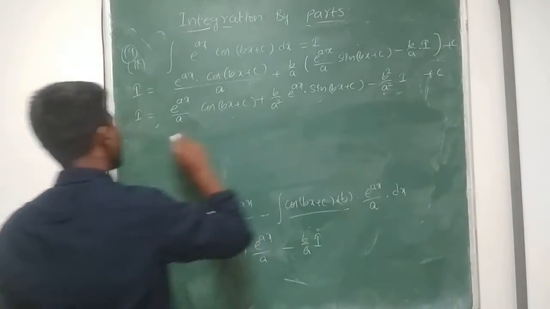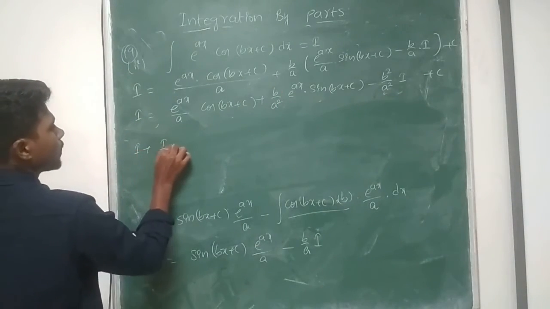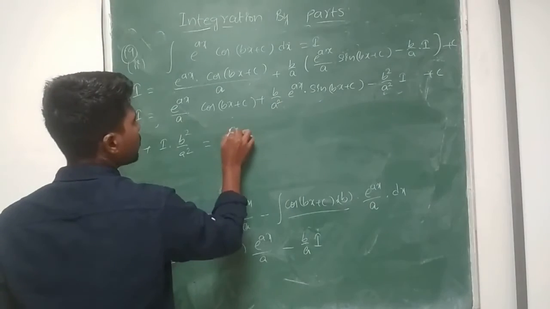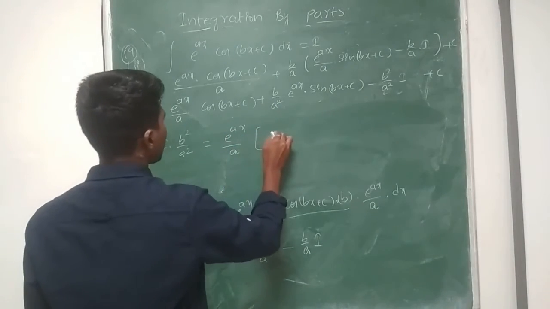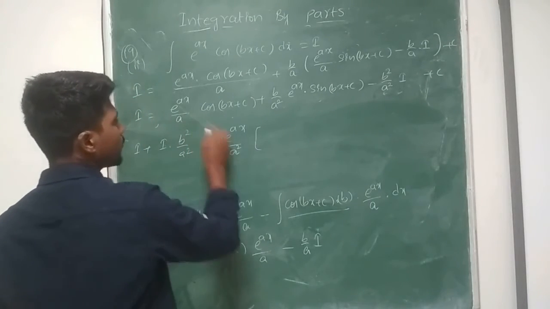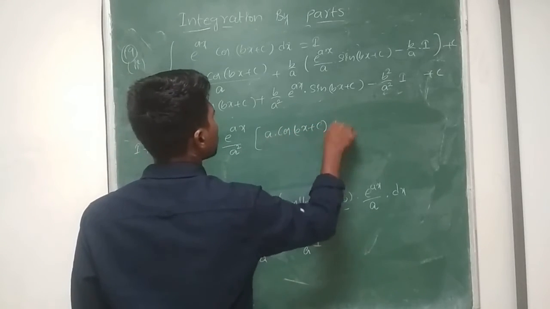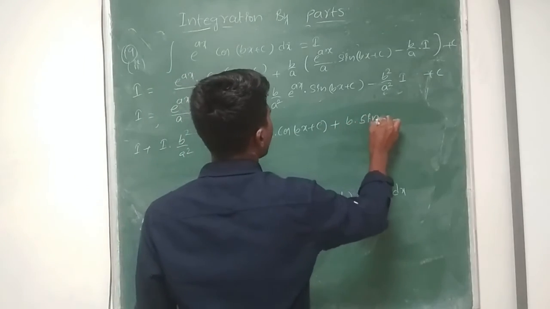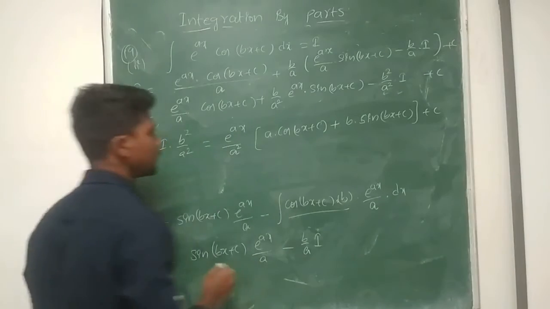Now because I want I, I make it the subject. Transferring to the left side, I get I plus I into b square by a square is equal to, in these two I can take e power ax by a square common, I'll get a cos(bx plus c) plus b sin(bx plus c), plus constant c.